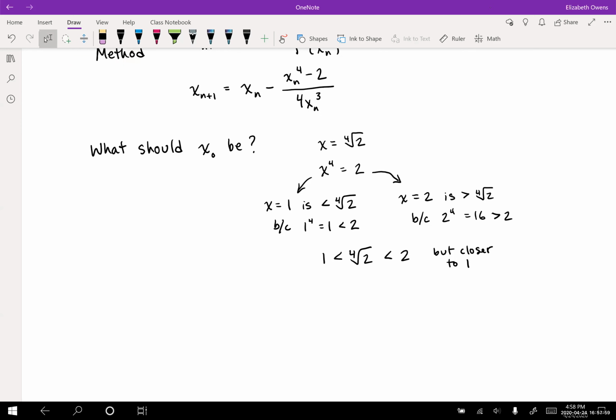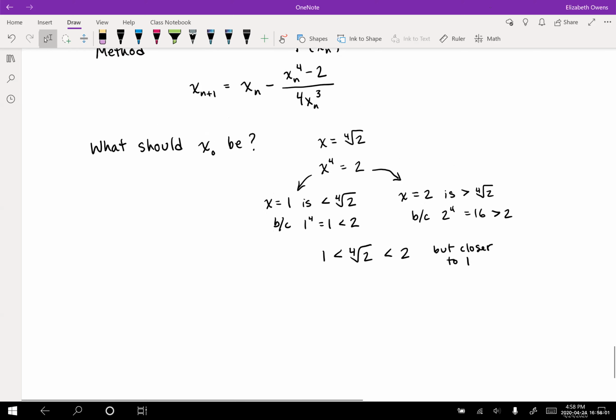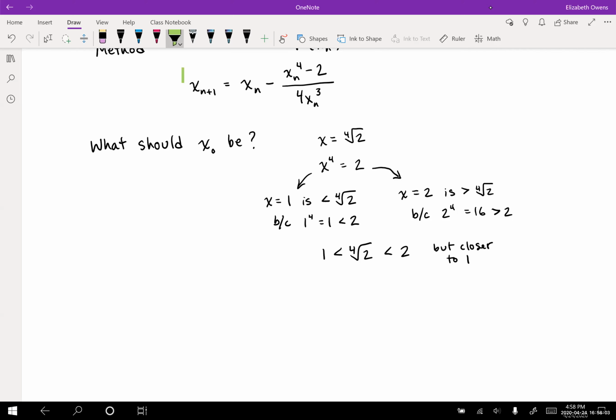All right, so we're going to use this formula right here, and we're going to use now x naught equals 1. Because of this.